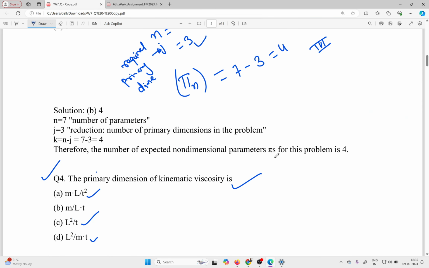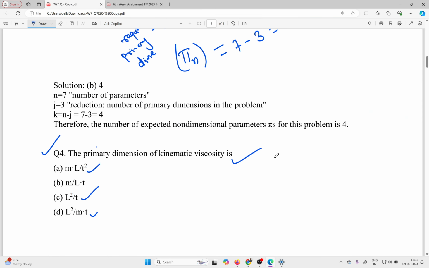Those are new students, and it is very difficult for them to calculate. So basically from Newton's law of viscosity, you already know tau is equal to dynamic viscosity into velocity gradient du by dy.